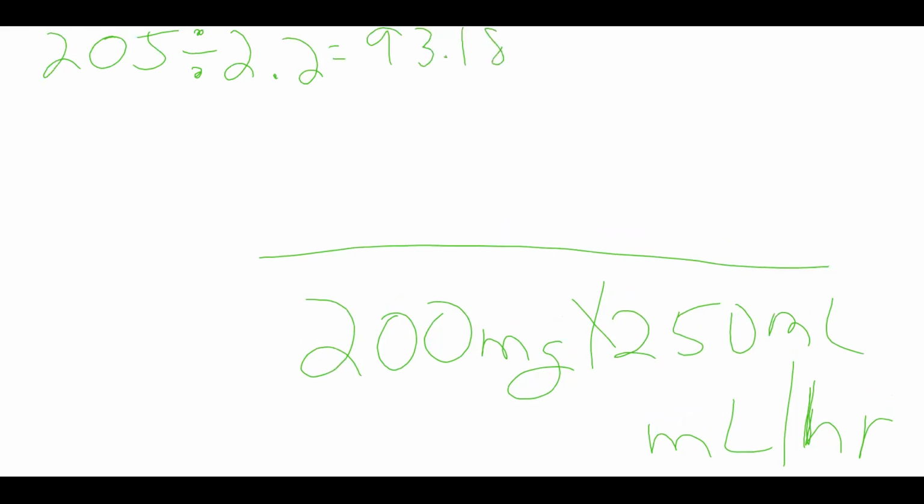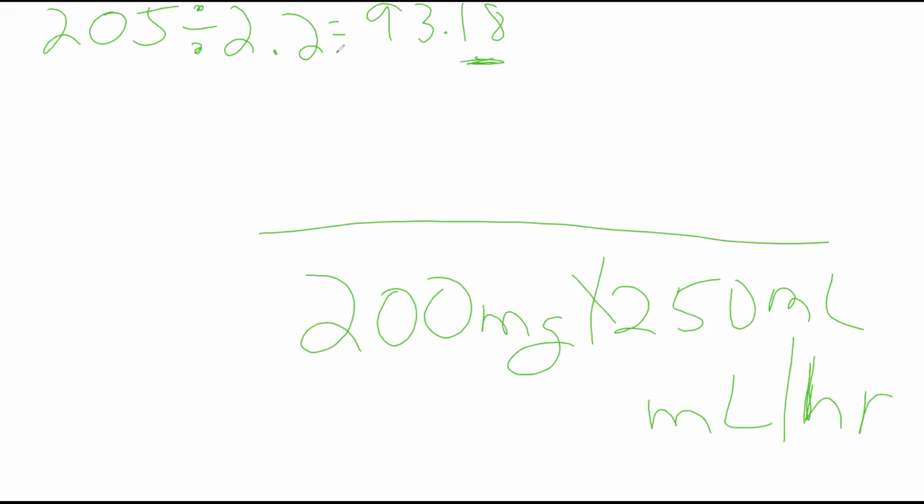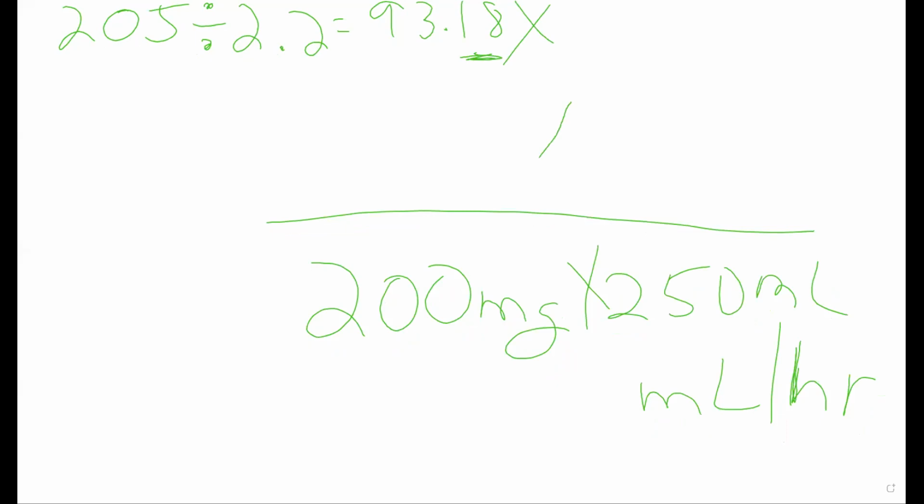So 205 divided by 2.2 gives us 93.18. And I'm just going to put this here because that number goes on infinitely, but I'm leaving the entire number in my calculator. I'm just not writing it all on the screen. Okay? Now I'm going to multiply that times my ordered dose, which is 5 micrograms per minute.